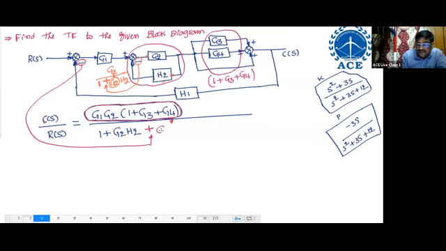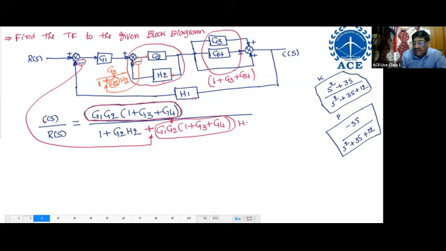So what will I get? G1, G2 into 1 plus G3 plus G4 in the numerator, and the numerator as it is written in the denominator, product with the feedback gain.